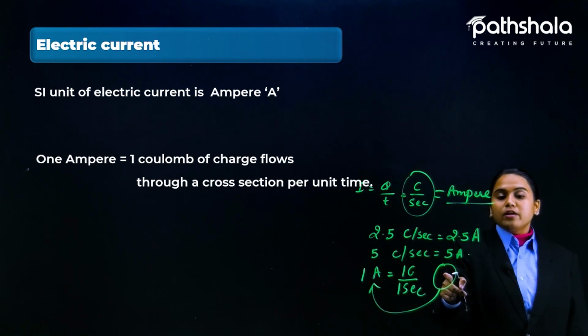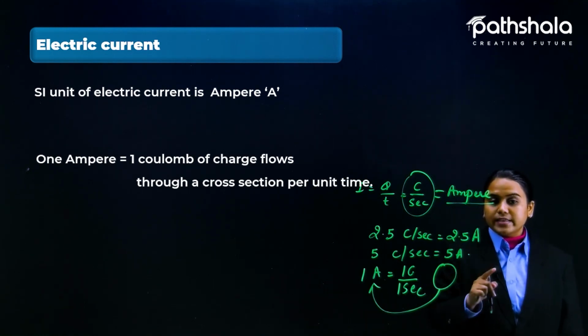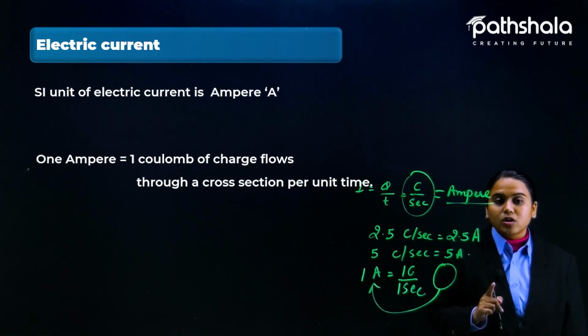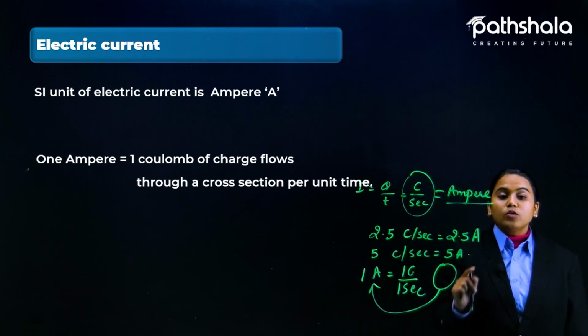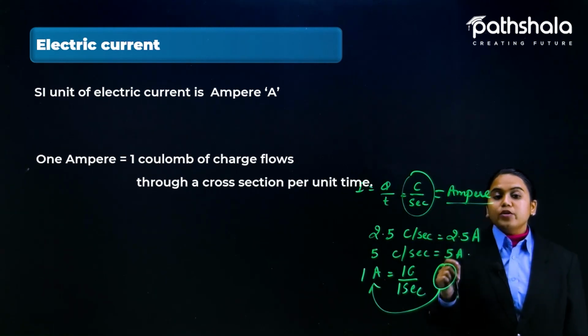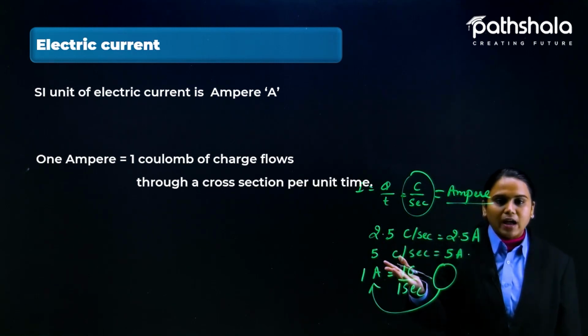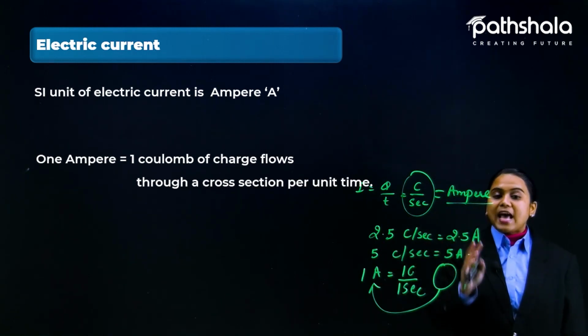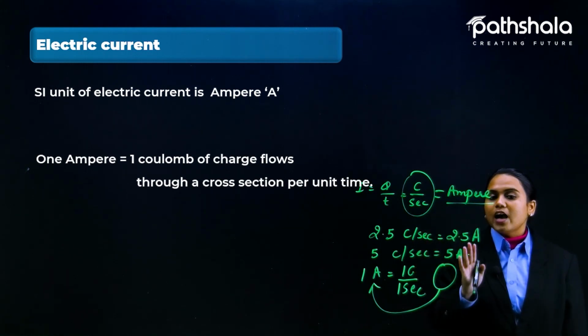Okay, mark my word, this cross section area of a wire is very necessary to mention in your exams also. If you do not mention cross section area, then how will the examiner know whether you are talking about 1 meter of wire, 2 meter or 5 kilometers of wire? It could be anything, but we are talking about the cross section area only.